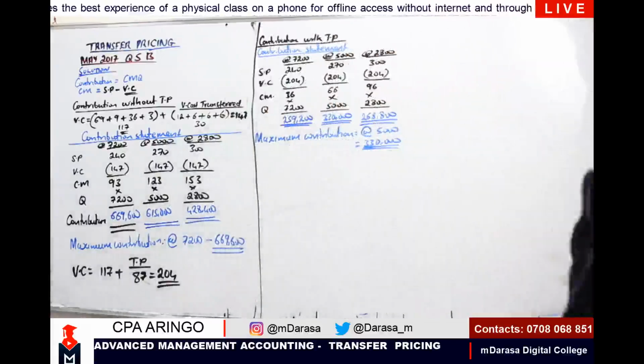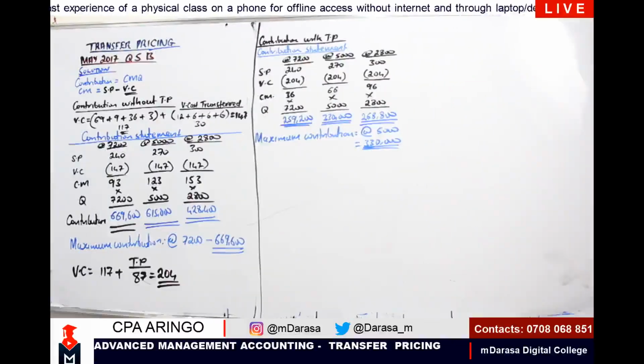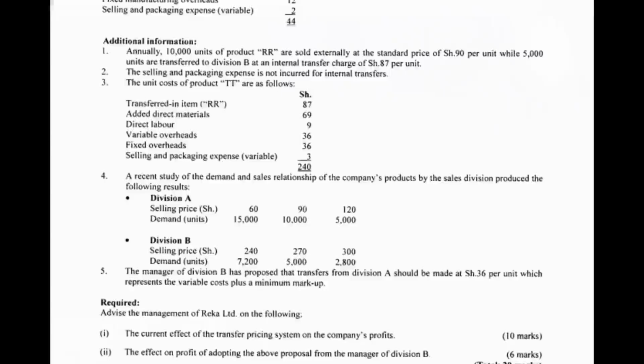This is the question we were asked: the current effect of the transfer pricing system on the company's profit, advise the management of Bvj Limited on the following.